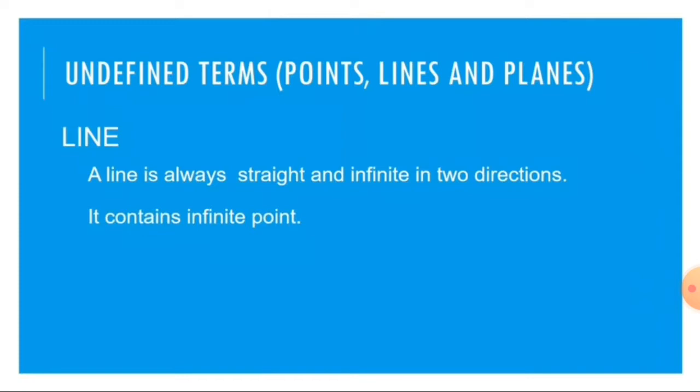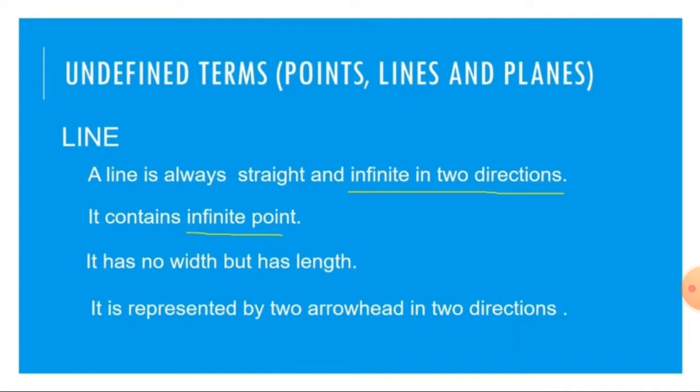Yung unang description, infinite in 2 directions, so infinite point because a line consists of a lot of points. Kumbaga yan ay duktong-duktong na point na buo ang line. Okay? Then, another description, it has no width but there is a length. So, unlike point, wala talagang dimension. Ito may dimension na length.